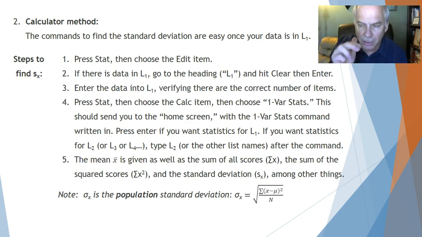Now, then you go down and enter the data into L1. So put all your data into L1 and then make sure that you have the correct number of items and that they're all correctly entered. And then you press stat and choose the calc item.